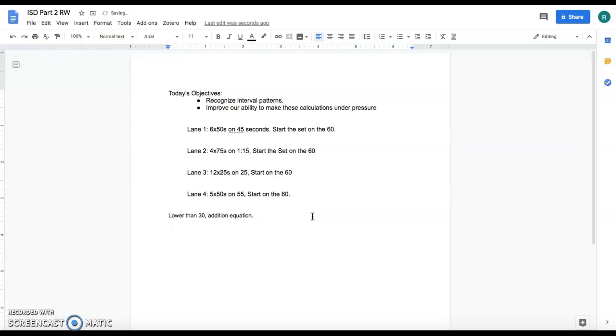And if the interval is higher than 30, it's a subtraction equation. Now if it's a 30, say the interval is a minute and 30, you can either add or subtract, but it's always going to be a 30 or a 0.